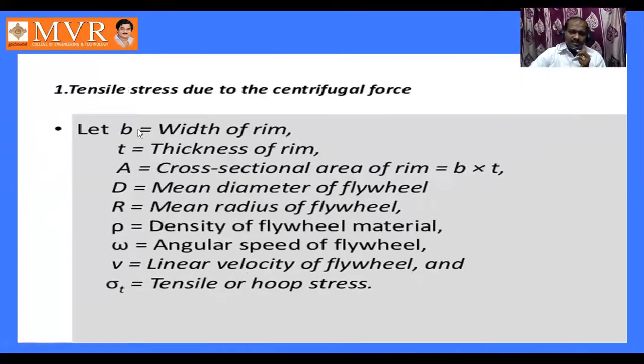So tensile stresses include: b, width of the rim; t, thickness of the rim; A, cross-section area of the rim, that is b into t; D, mean diameter of the flywheel; R, mean radius of the flywheel; rho, density of the flywheel material; omega, angular velocity; v, linear velocity of the flywheel; sigma t, tensile or hoop stress.